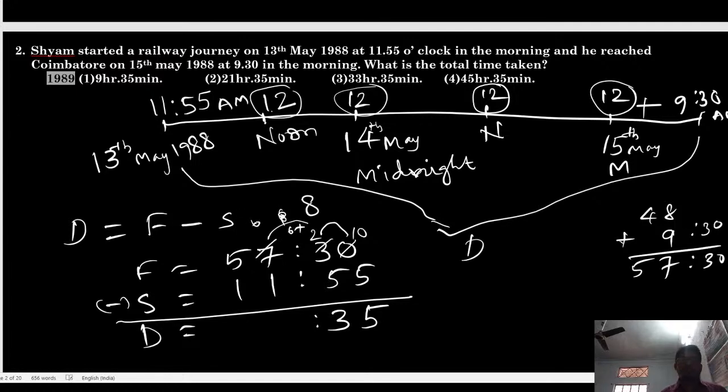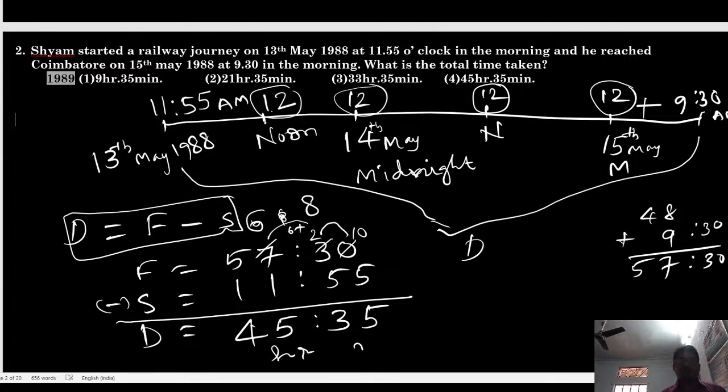Here 6 only, 6 minus 1 is 5, 5 minus 1 is 4. So 45 hours 35 minutes. This is the duration of the time, 45 hours 35 minutes. Option 4 is the correct answer.